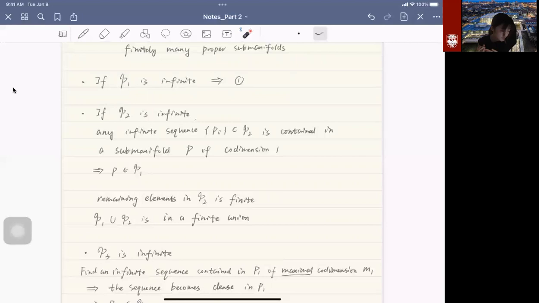And okay, we take out this sequence from P2, and we consider all the remaining elements in P2. We can continue to take a further subsequence, and that corresponds to another element in P1, and we keep going until the remaining elements in P2 is finite.